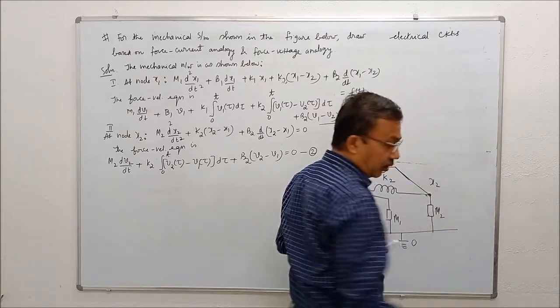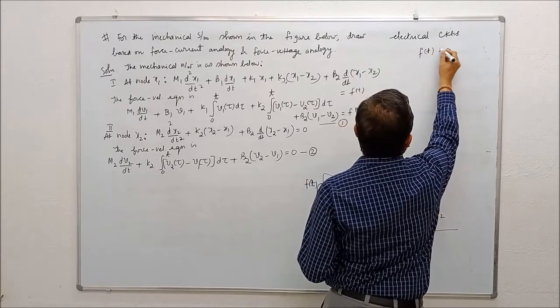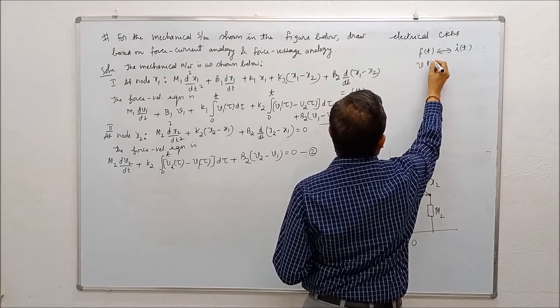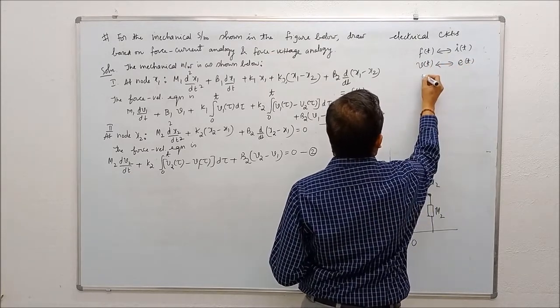Force current analogous set I write here. F of t is equivalent to I of t. V of t is equivalent to E of t.